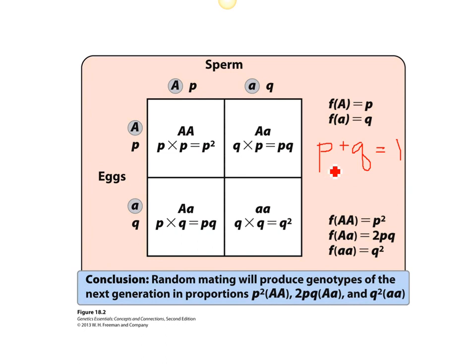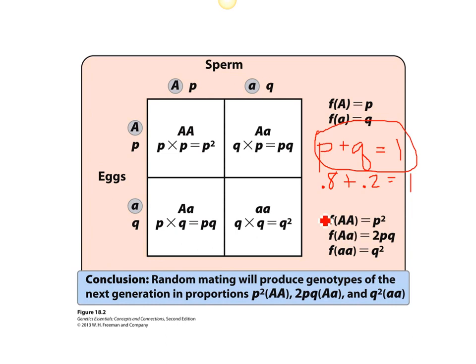And in my example, p was 80% and q was 20%. So that has to equal 1, or if you're doing percentages, 100%. So that's an equation, a relationship that you can use later. It becomes important.